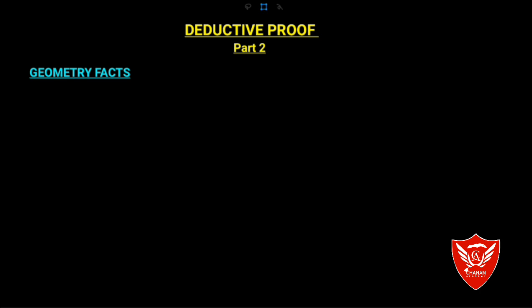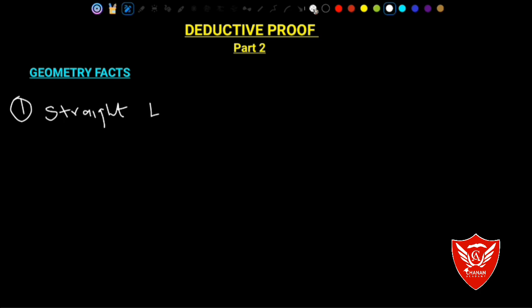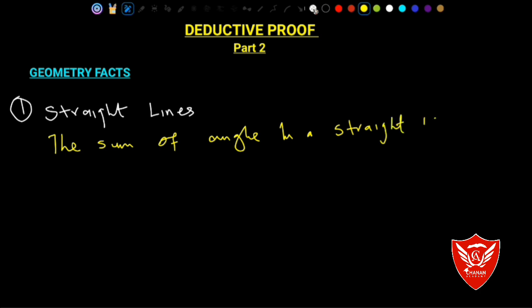All right, so the first key fact we must take note of: number 1, straight line. The sum of angles in a straight line is 180 degrees. Now take note of that. The sum of angles in a straight line is 180 degrees.